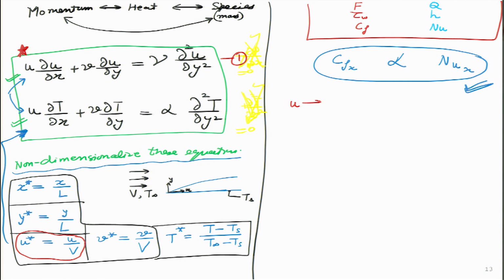So, u I can replace with u star into V, and x in the denominator I can replace with x star into L. What does this mean? u del u by del x can become what?